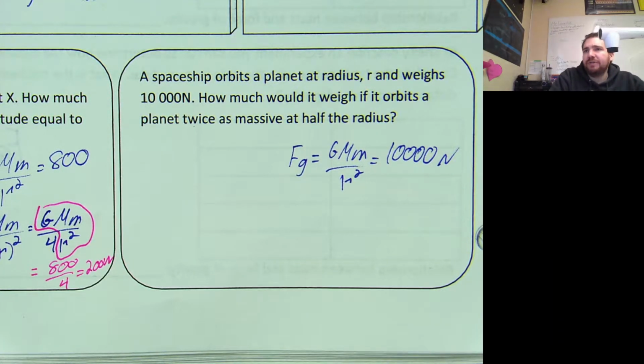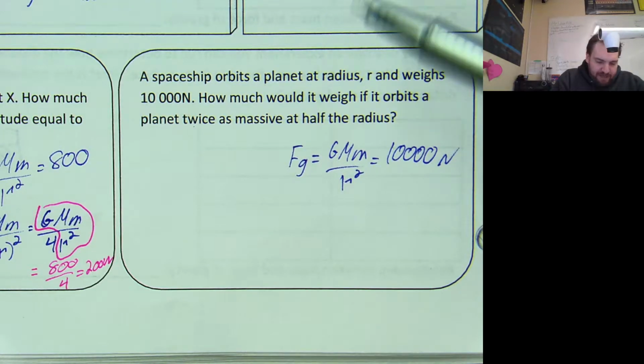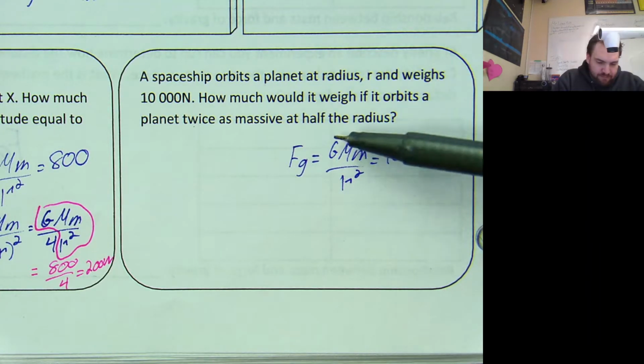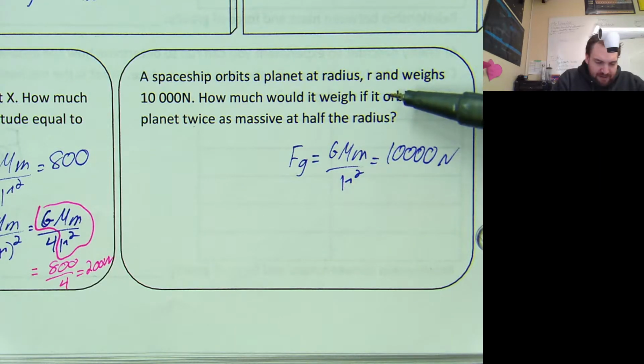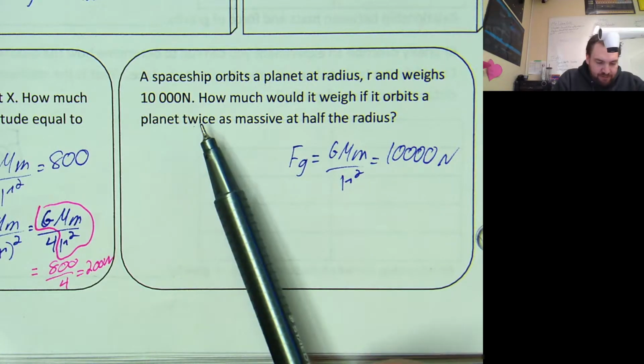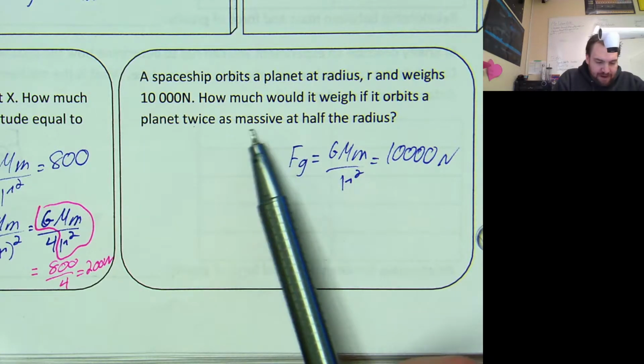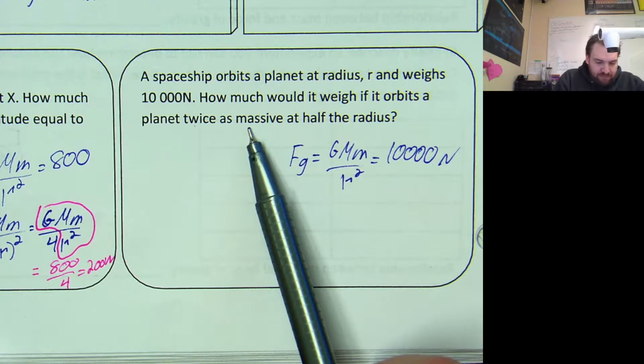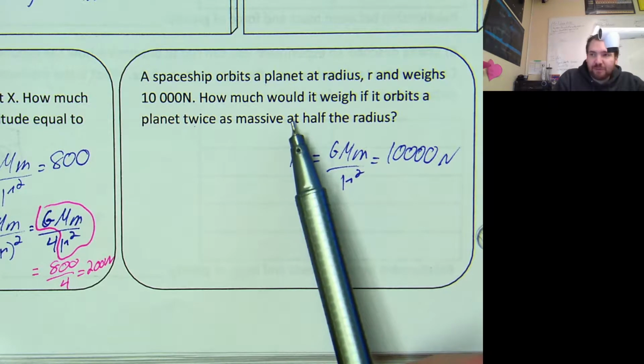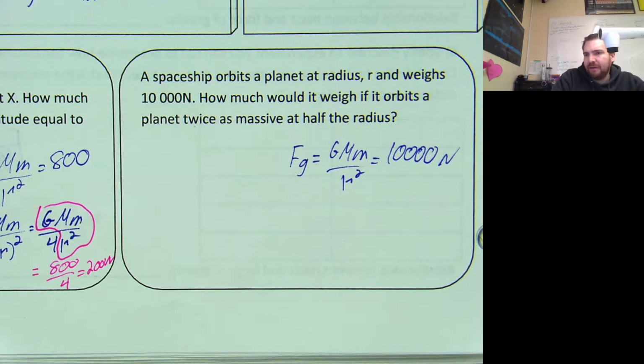And what we want to do now is figure out how much it would weigh if it orbits a planet twice as massive. I'm assuming that's supposed to be "and half the radius." I'm going to take a step here and suggest that that should be "and."